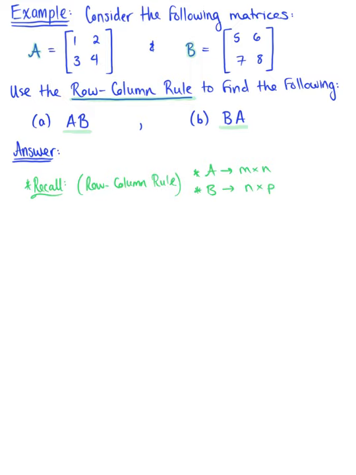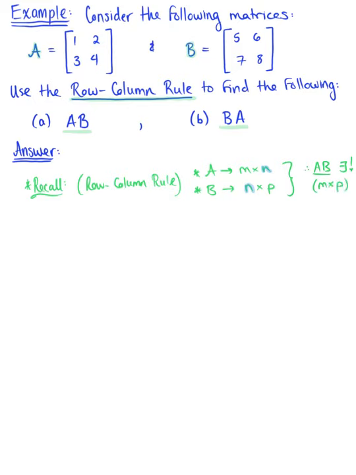So we can see that the number of columns in the first matrix matches the number of rows in the second matrix, meaning that the product AB exists. We can also see that this new product is going to have a size of M by P.